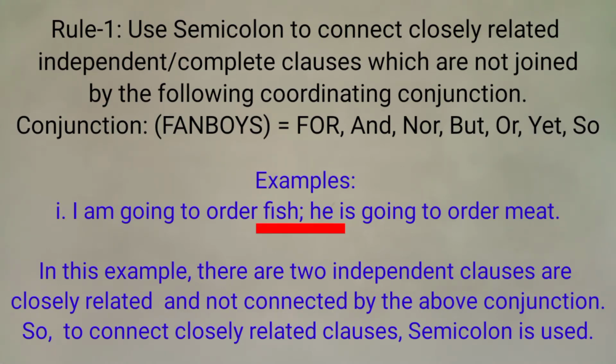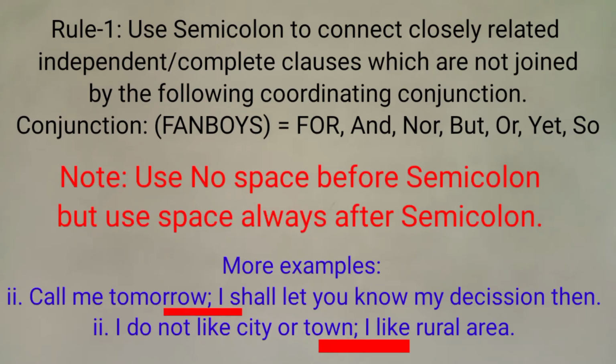So between two independent or complete clauses, you have to use a semicolon. Okay. More examples: Call me tomorrow; I shall let you know my decision then. I do not like city or town; I like rural area.